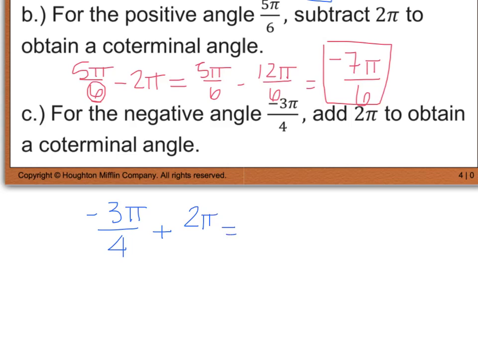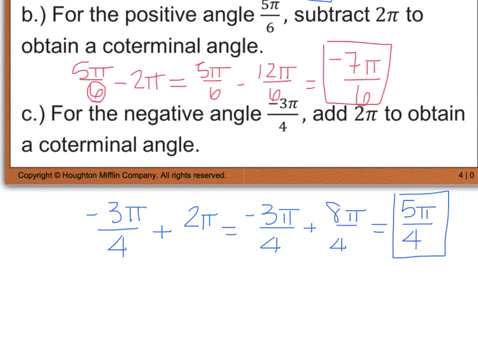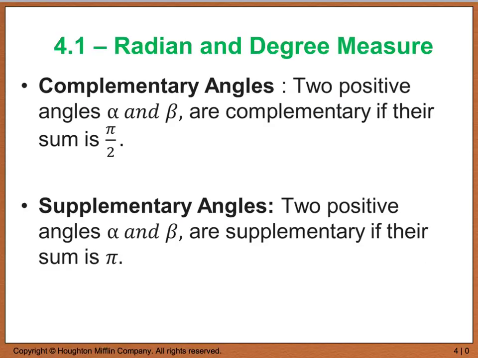And again, I'm adding fractions now, so I need to get that common denominator, which is going to be fourths. So that's going to give me plus 8 pi divided by 4. Negative 3 plus 8 is 5 pi divided by 4. So a coterminal angle to negative 3 pi over 4 is 5 pi over 4.